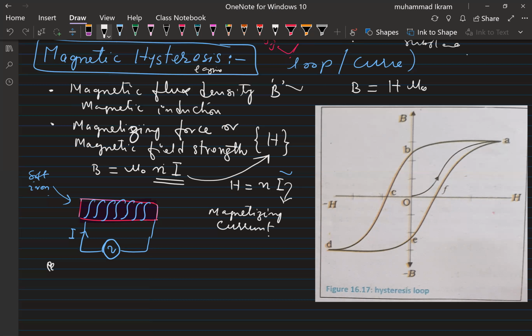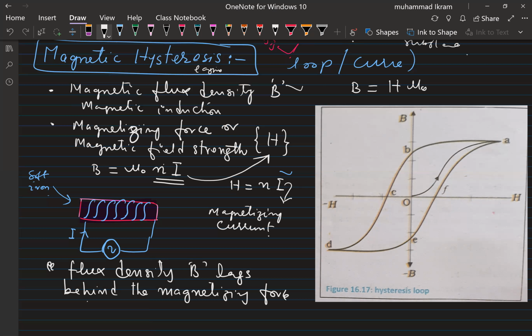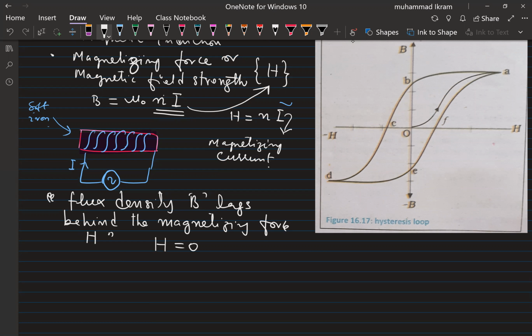This says that the flux density B lags behind the magnetizing force H. Long story short, even when H becomes zero, that is, when the current falls to zero in ferromagnetic substances, there is still B. B does not equal zero.